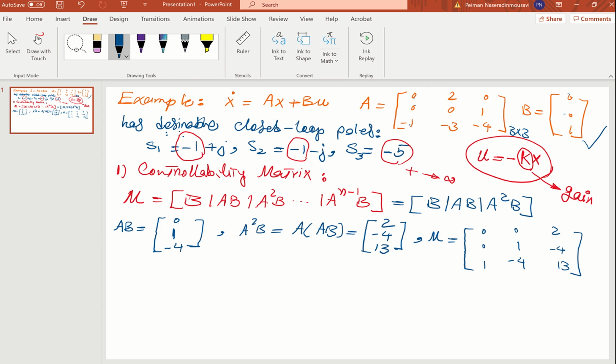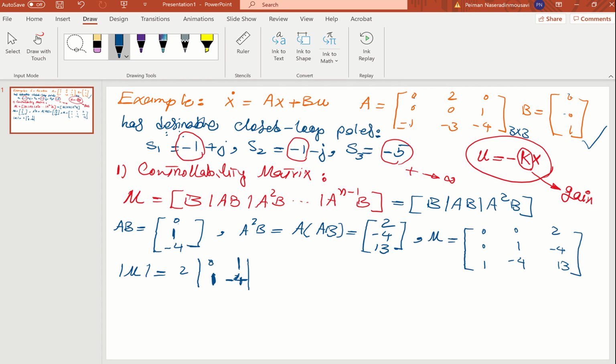Because this is a square matrix, the easiest way to calculate the rank of the matrix by hand is to determine the determinant of this matrix, which is going to be 2 multiplied by 0, 1, 1, minus 4. You can do all of this after graduation by MATLAB. That's right. Or in MATLAB, as I taught you, you can insert this matrix and say rank of M. But this is what I'm teaching you.